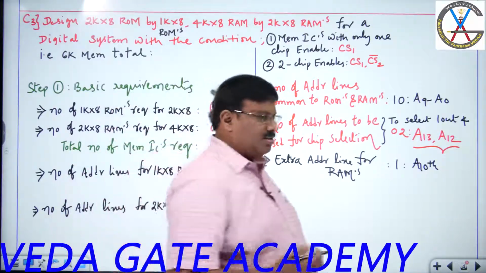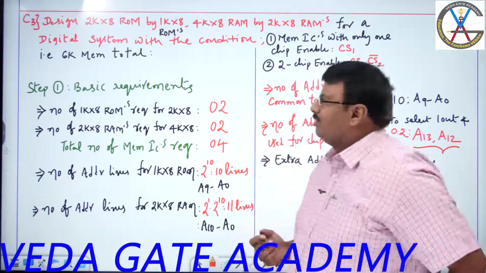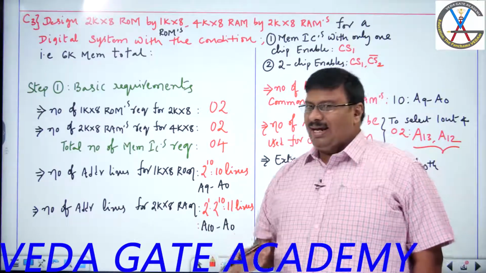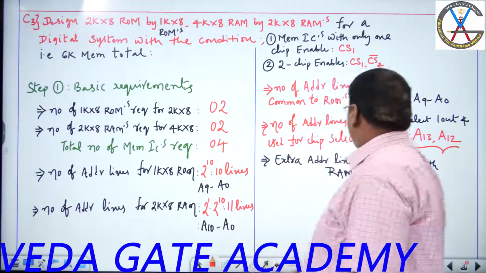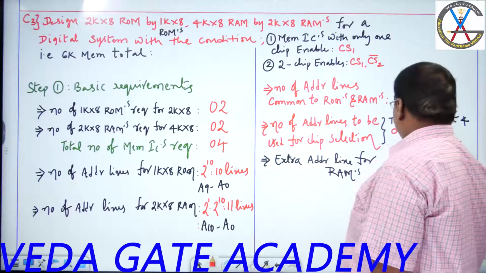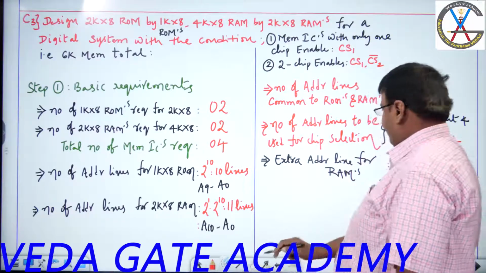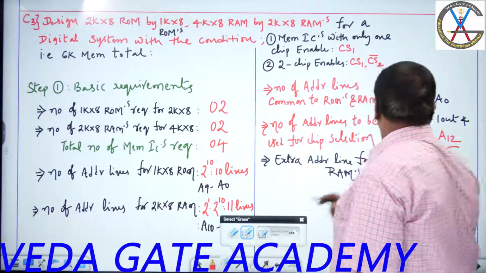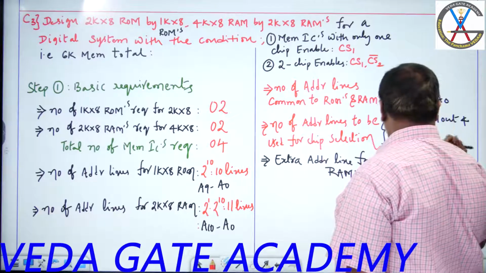Now, tell me in the structure. A0 to A9 for ROMs identification and then A0 to A10 for RAMs identification. Zero to 9, 10th is used.